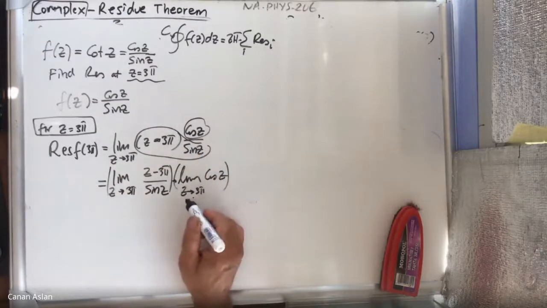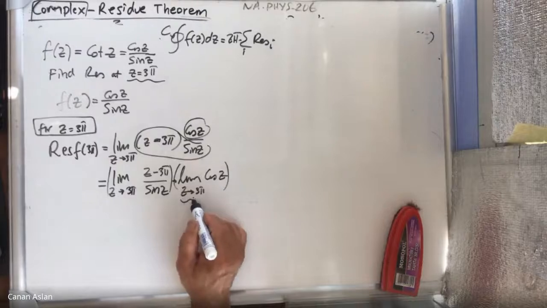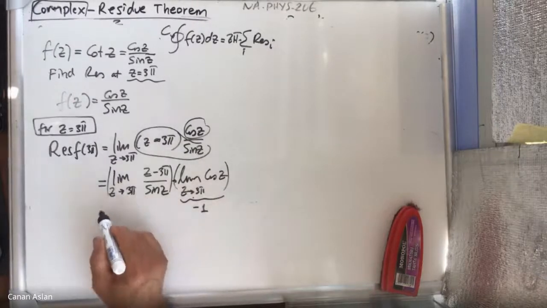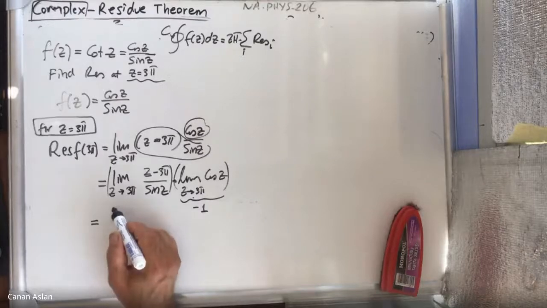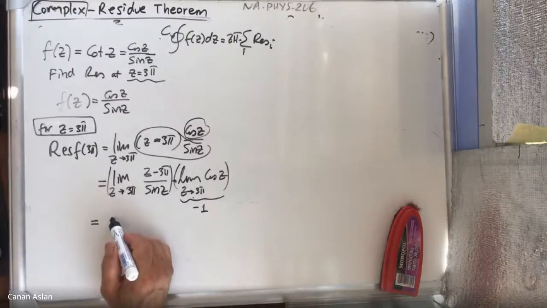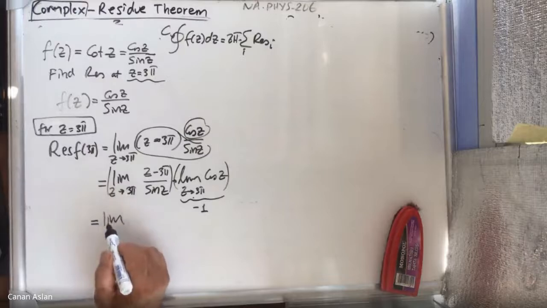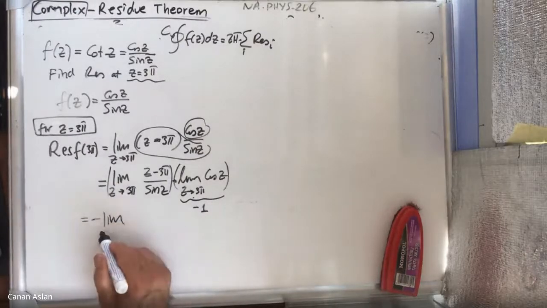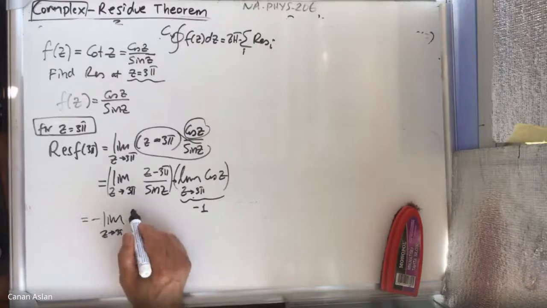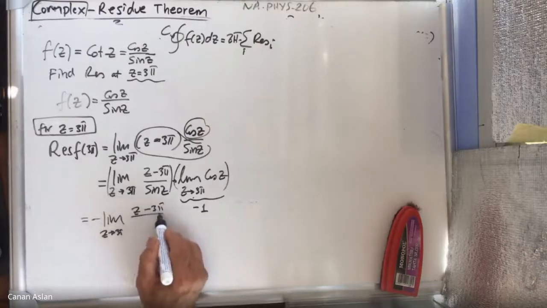This gives you just -1. But now look what's happening here. This can be written as a limit with a minus sign right there. So the result is minus the limit as z approaches 3 pi of z minus 3 pi over sine z.